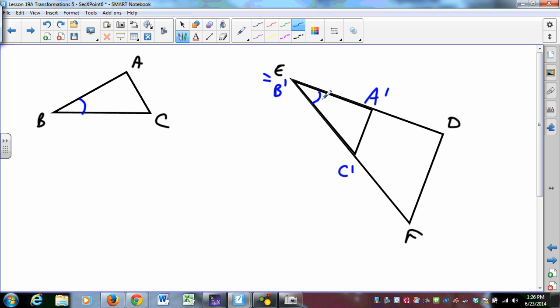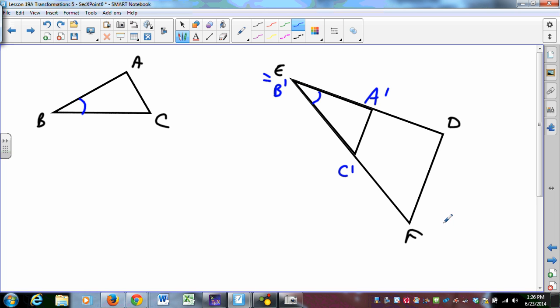Now, when we talked about similarity, we talked about side angle side similarity, because what ends up happening here? The ratio of AB to BC is the ratio of ED to EF. And so by the parallel projection theorem, these guys are parallel.